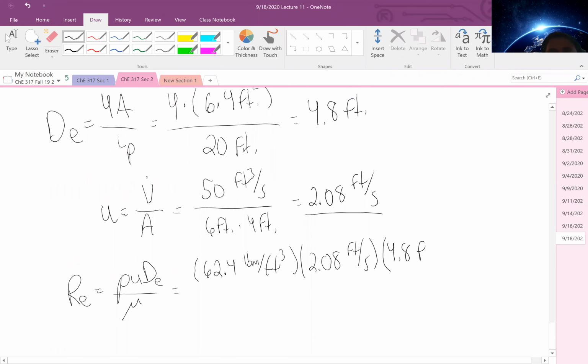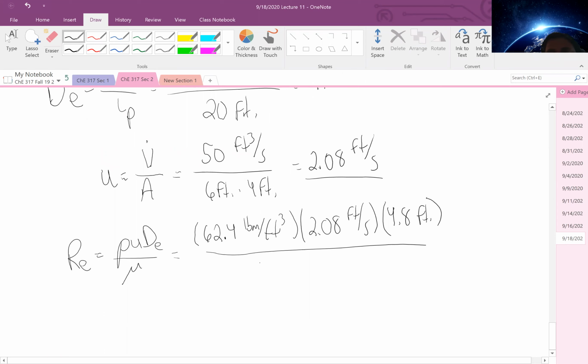And the viscosity of water in English units, 6.72 times 10 to the minus 4th pound mass per feet second. So we do this math. We get 927,000 for my Reynolds number.